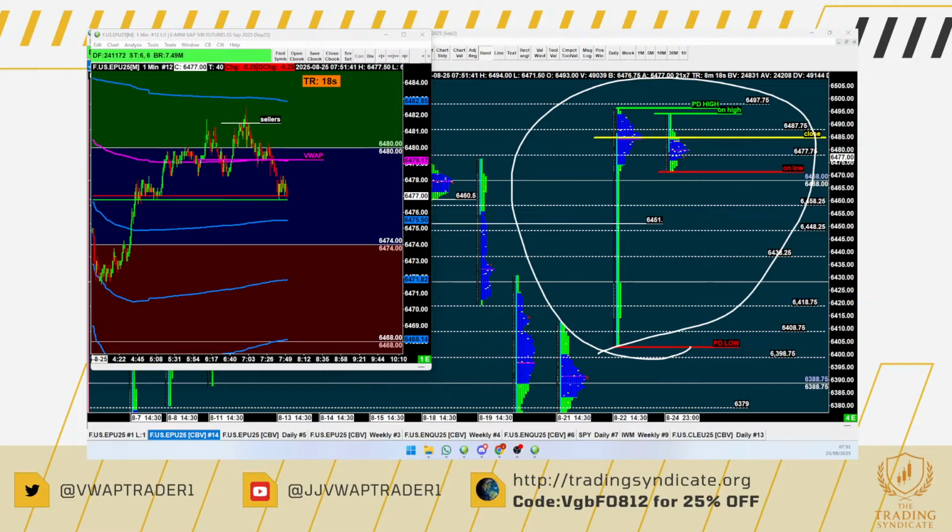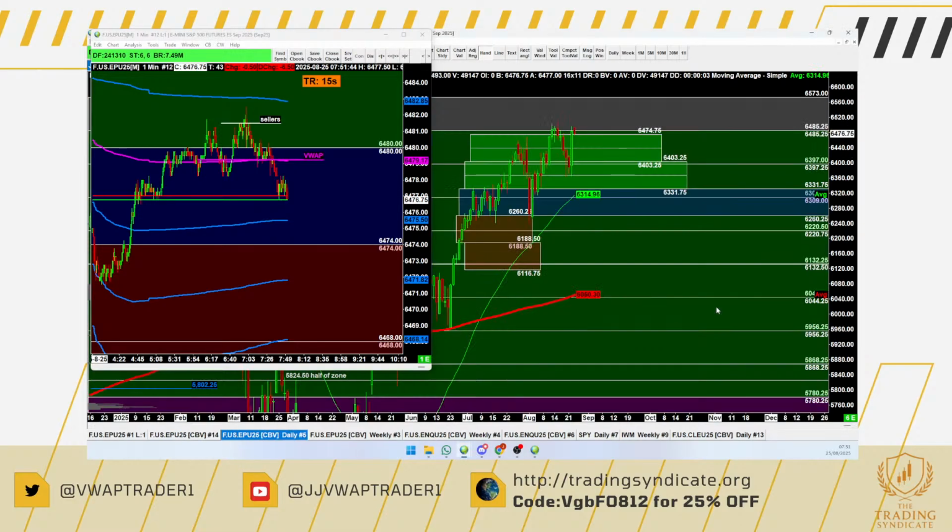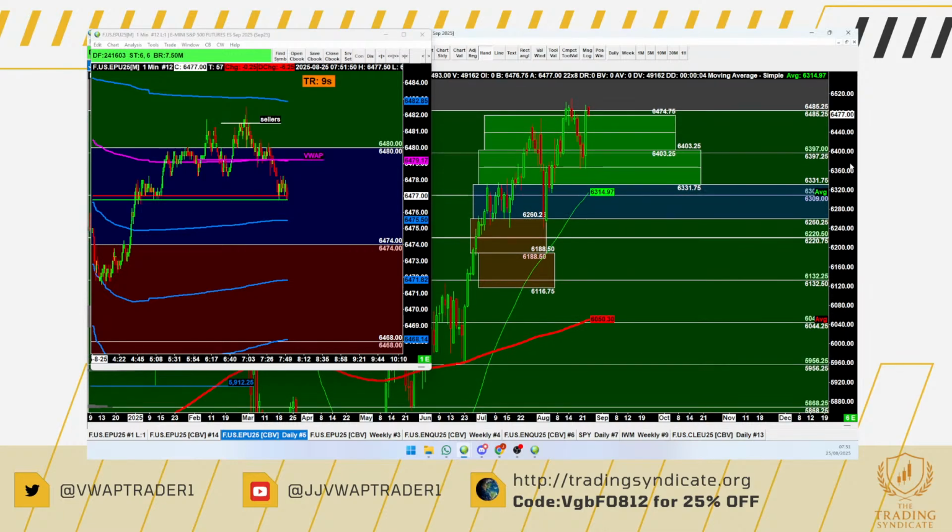Now, it's a little harder to see it on a daily chart, but you see that big, huge move. So what does that imply? That implies change. Big change. Big candle, big change. You with me?